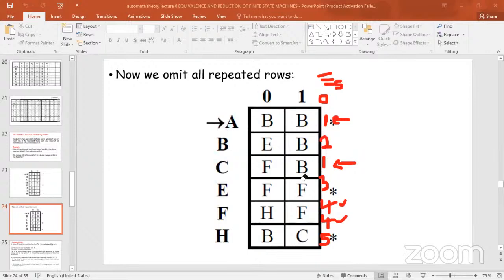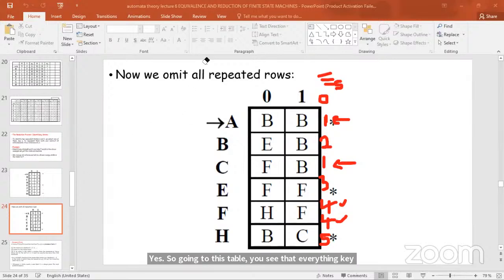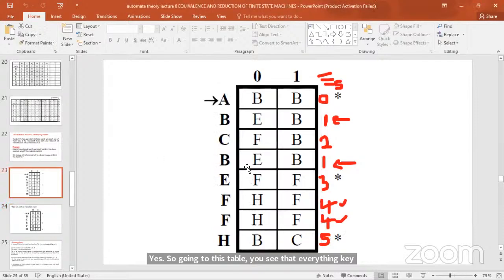Yes, so going to this table, you see that everything D and G has been replaced appropriately.